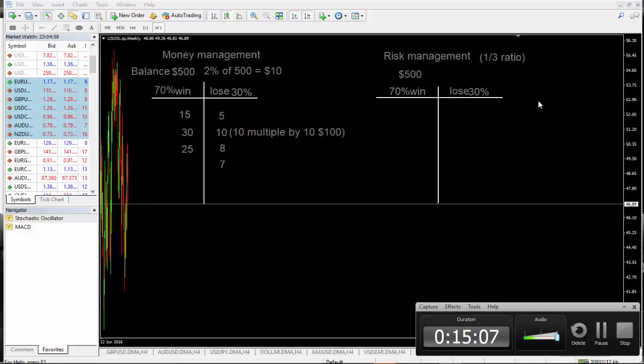We'll be risking $10 to gain $30, so basically it will be $300 that we will win. With one trade, if we're risking $10, we will actually get $30.